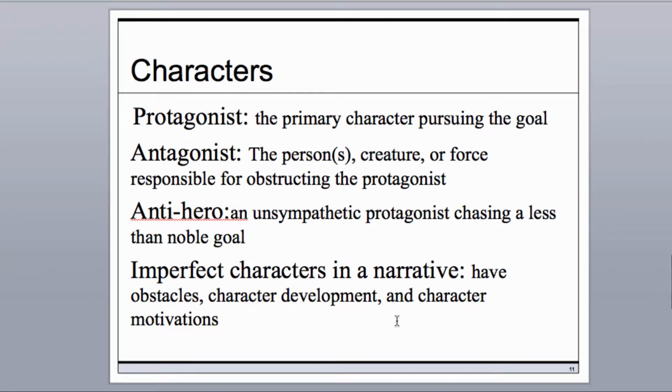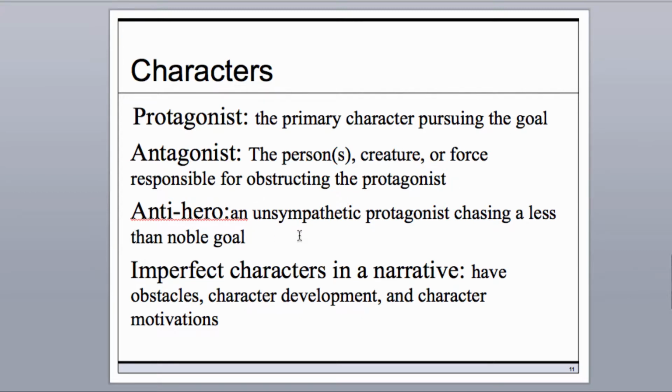Then those characters also have different situations in every film. The protagonist is the primary character, and that protagonist is pursuing a specific goal or goals. An antagonist is a person or persons, maybe a creature or some sort of force that is restricting or obstructing the protagonist from achieving the goal.